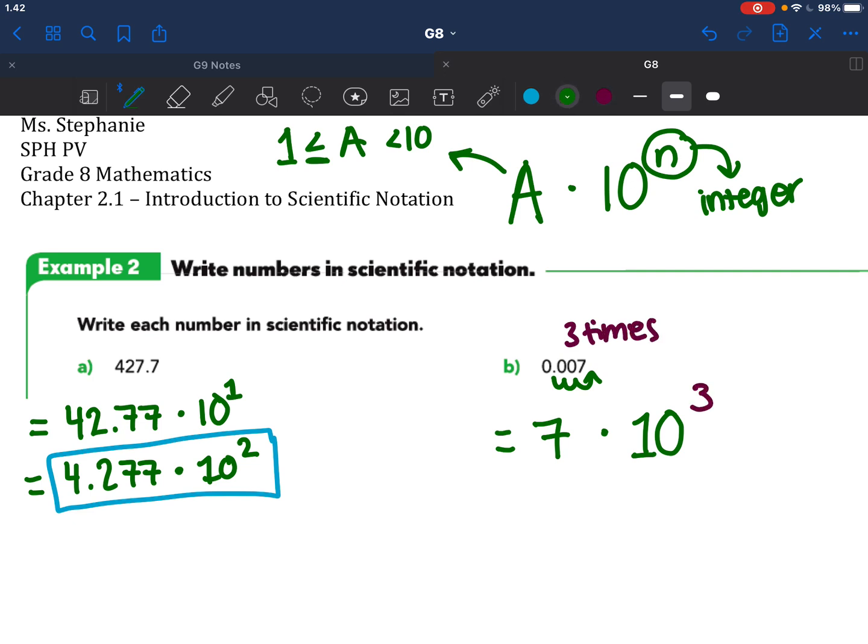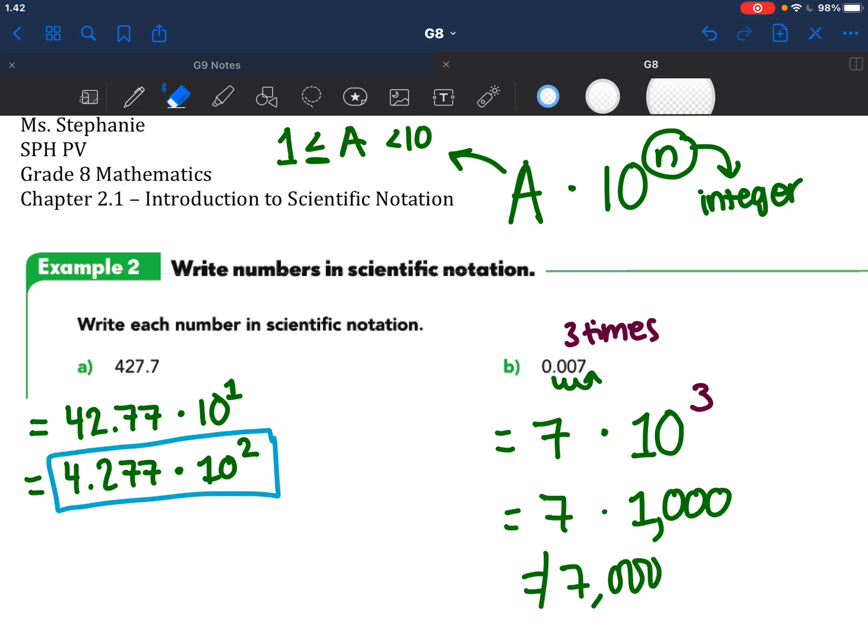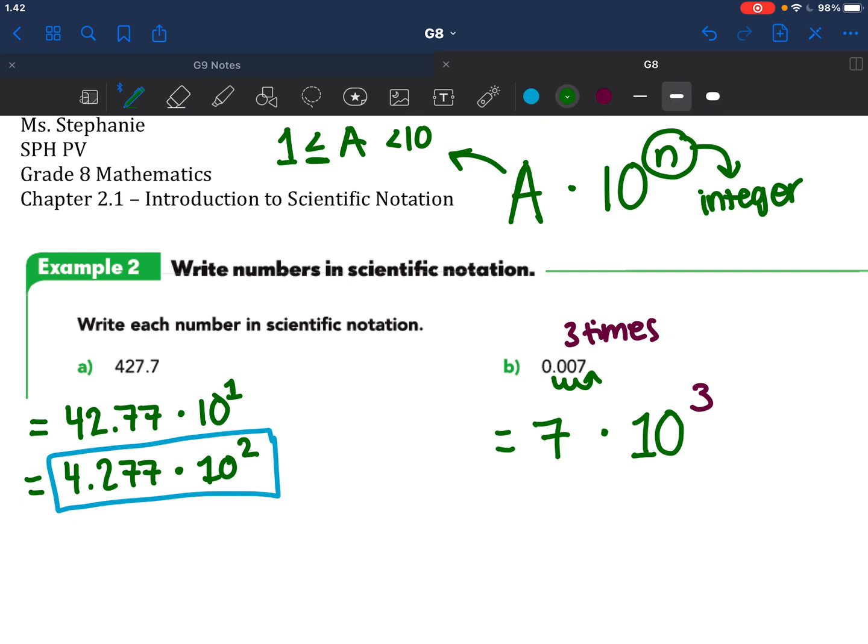Let's check. So 7 times 10 to the power of 3 is the same thing as 7 times 1,000, that's 7,000. That's not equal. So that means it is not to the power of positive 3, right? It's going to be to the power of negative 3. 10 to the power of negative 3, you guys remember this from last chapter.